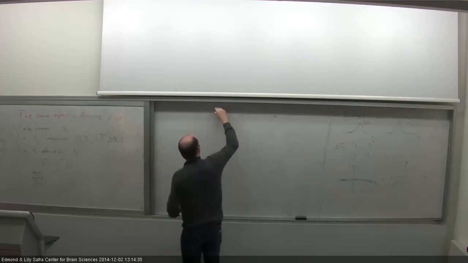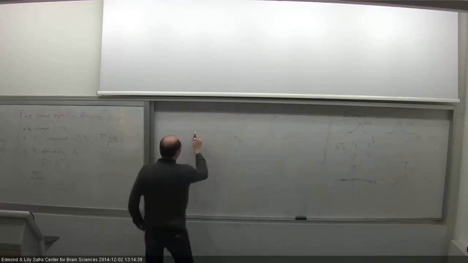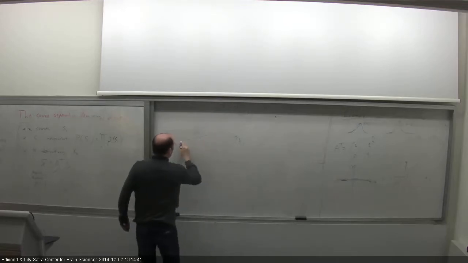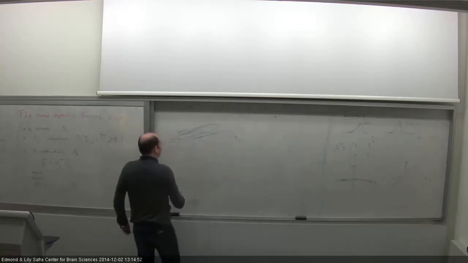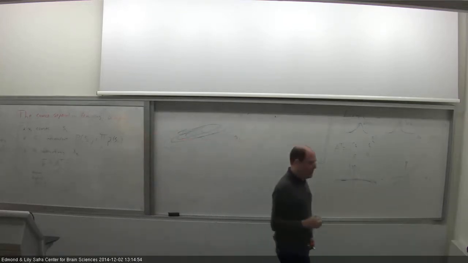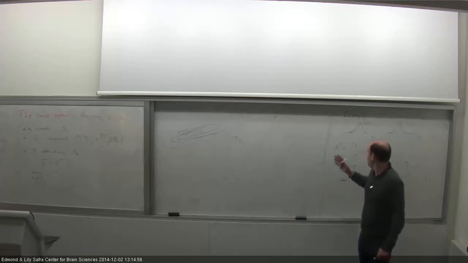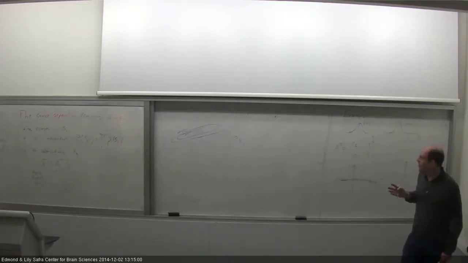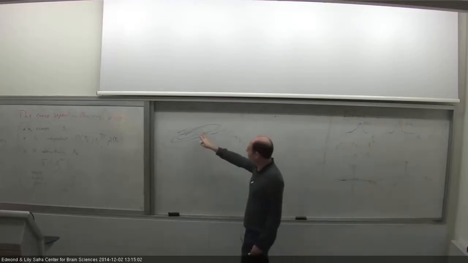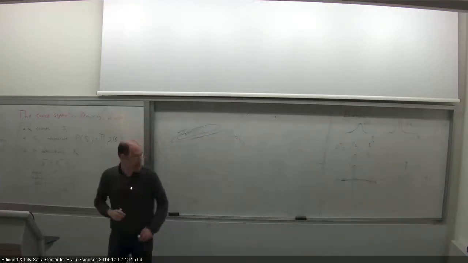So if I ask what is P of x, this is x1 and x2, this will be some cloud that will look like this. Okay, if I plot the contour plots of this probability distribution, they will look like this. And it's a Gaussian distribution because a linear combination of Gaussian variables is always a Gaussian variable. So this is a two-dimensional Gaussian distribution, and it looks like this.